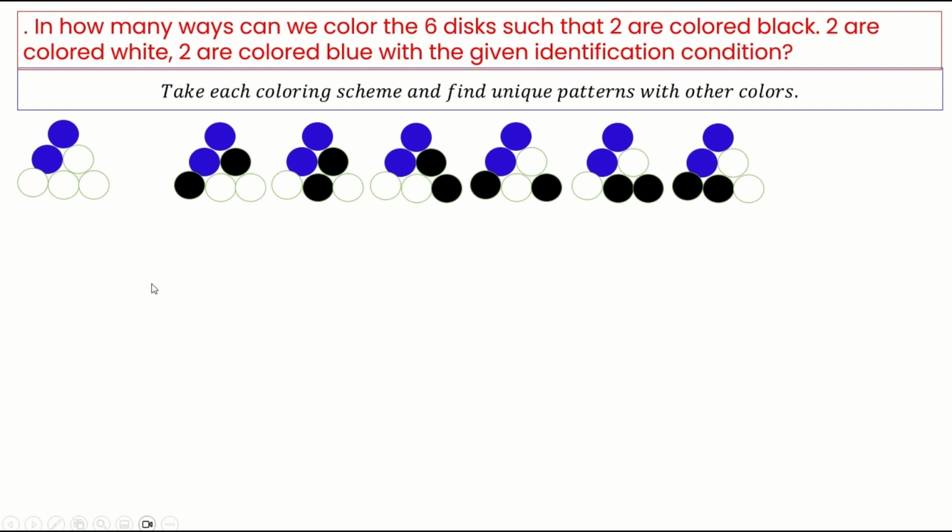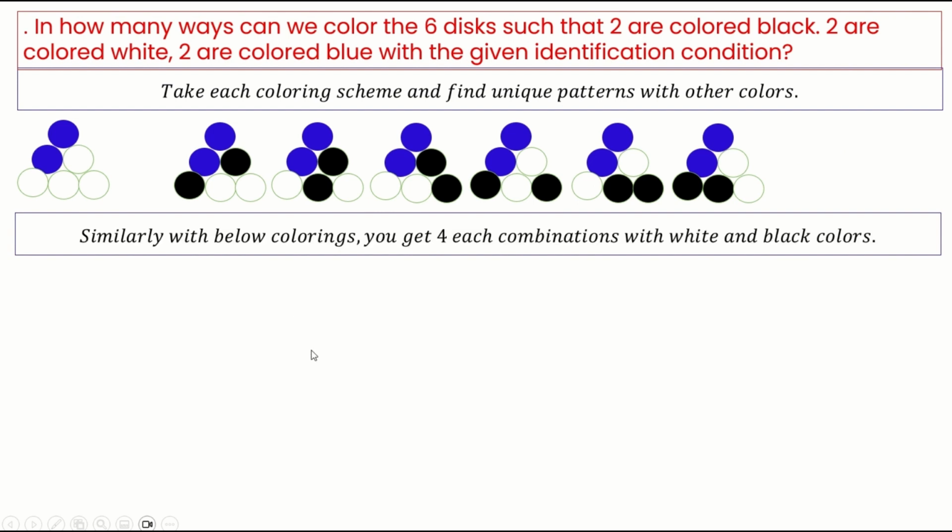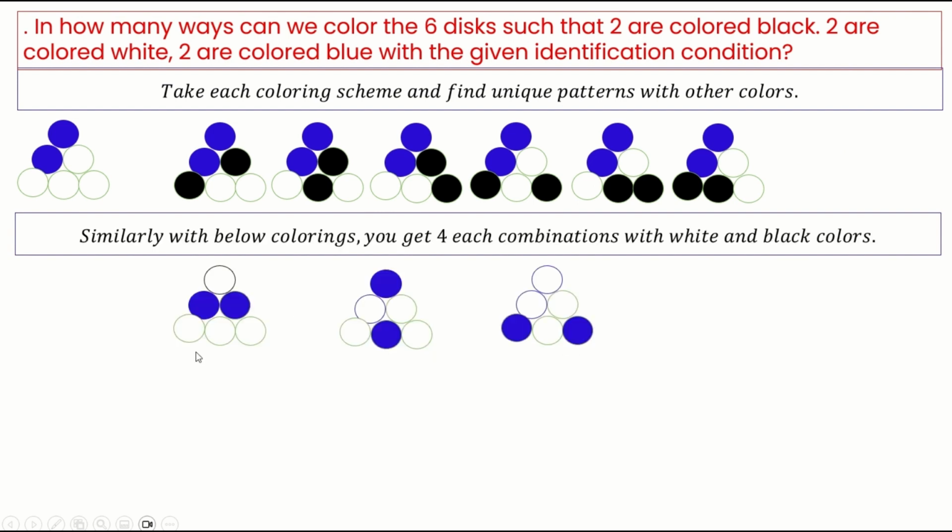Now take each pattern and see how many ways you can apply the other colors. That is the easy way. With this one I can apply six ways; these are the six patterns. Similarly, try the other three patterns yourself. You will get four each, and the rest will be either mirror images or rotations giving the same combination.